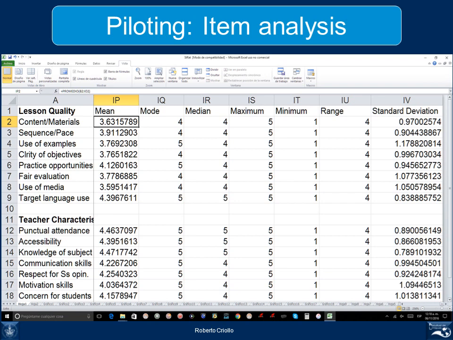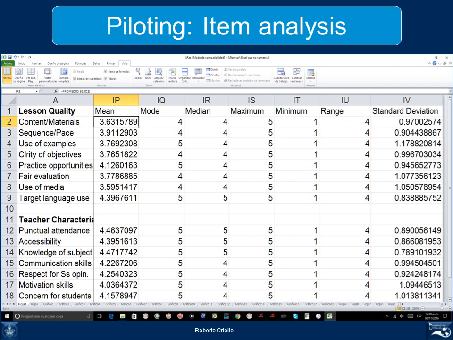Another high score in that part is of course the use of the target language, because we have a mean of 4.39, which is really high, and it's showing that the students are really satisfied with the target language use from the part of the teacher.